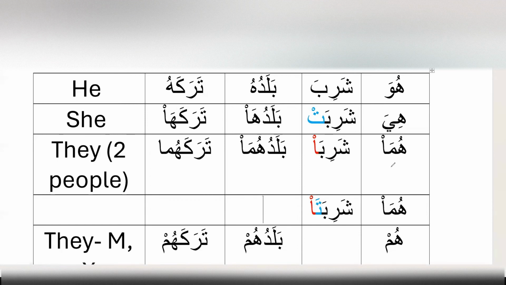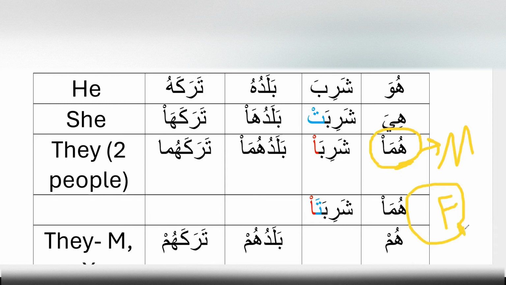So here I'm telling about two men or two boys or two male things, like maybe two animals, if you are naming two animals and they are masculine. And here same thing but feminine. Two females, humans or maybe also animals. Okay. How do I say the verb? I say shariba. The first part is the verb. This part is the pronoun.